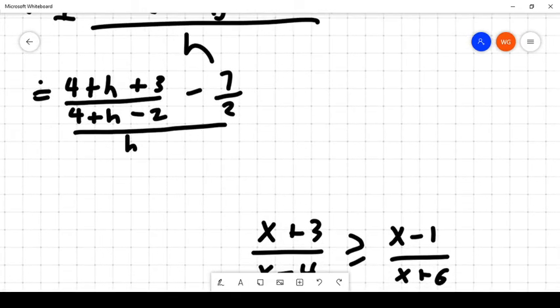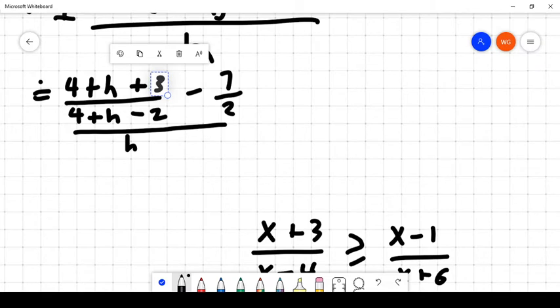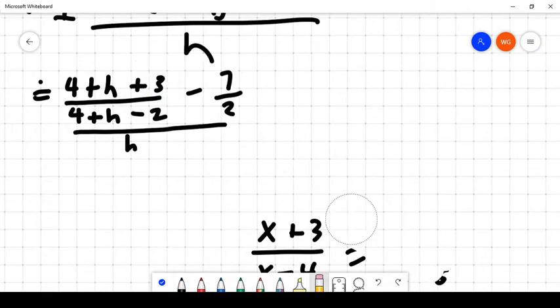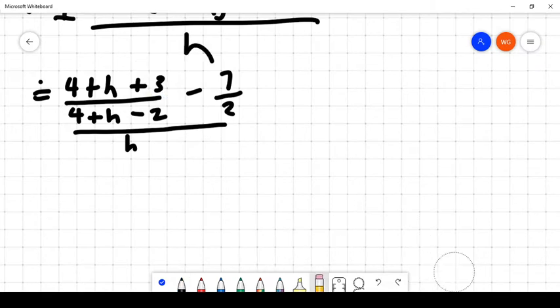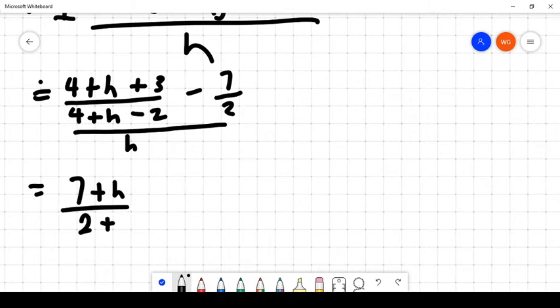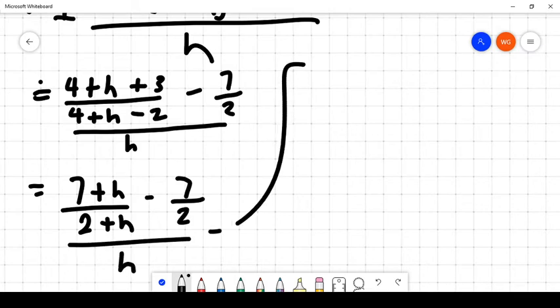You can see that there's quite a bit of stuff happening there, and we have to be very careful with our simplification process now. All right, we might as well do some simplifying while we can. So 4 plus 3 is 7, so we've got 7 plus h over 2 plus h, minus 7 over 2, all over h, okay?